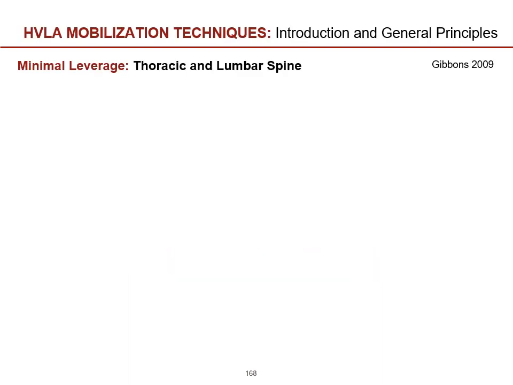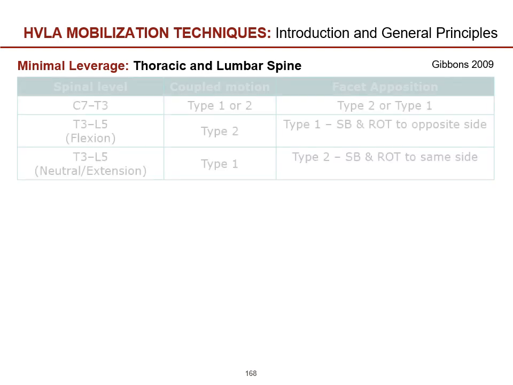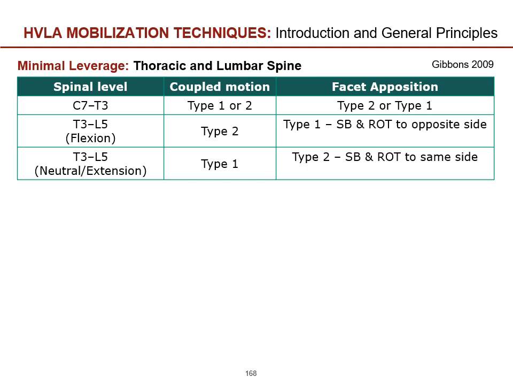Okay, so when we're considering the minimal leveraging barrier creation in the thoracic and the lumbar spine, we can see that the chart is similar to that of the cervical spine, where you have the spinal level denoted in the first column, the typical coupled motions, and then the facet oppositions that would otherwise be introduced. Do note that at the cervical thoracic junction there are a lot of inconsistencies with the coupled motions that occur, as type 1 and type 2 have been described.